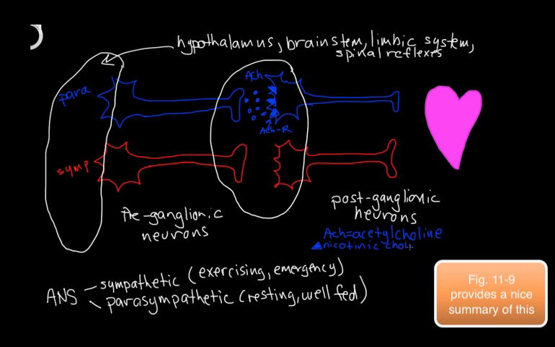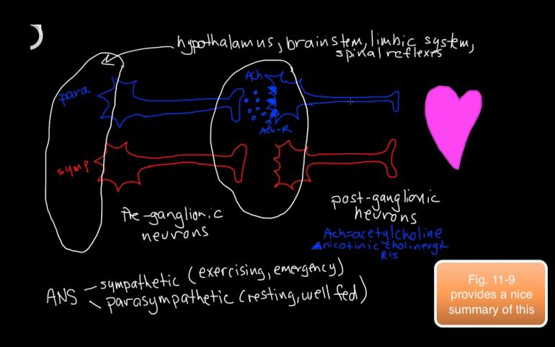There's different kinds of cholinergic receptors. Nicotinic cholinergic receptors. And so when acetylcholine released from this preganglionic neuron binds with receptors on the postganglionic neuron, we get graded potentials and action potentials.